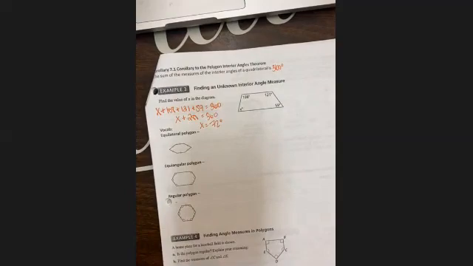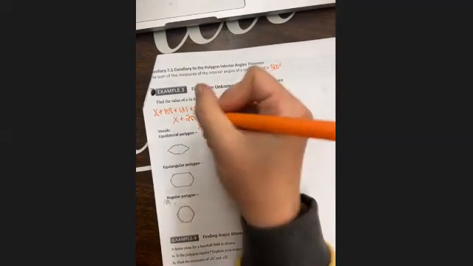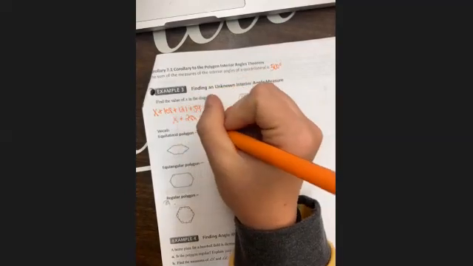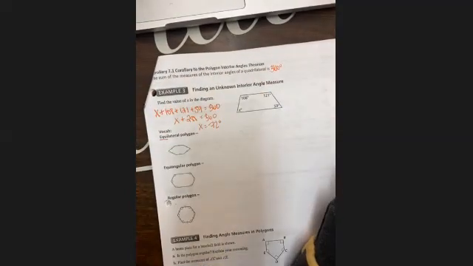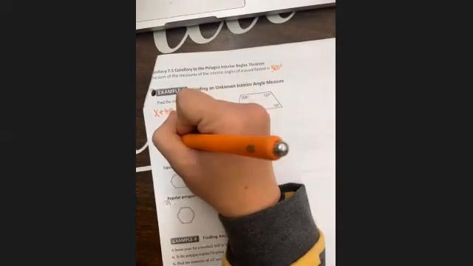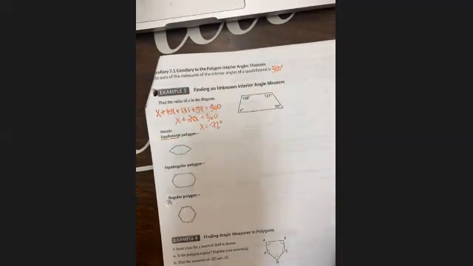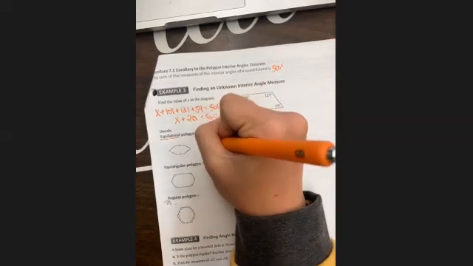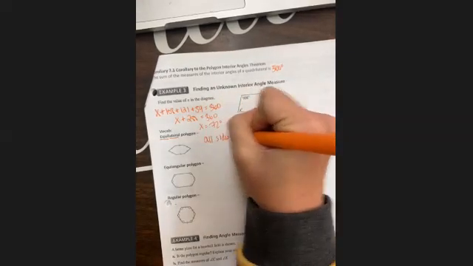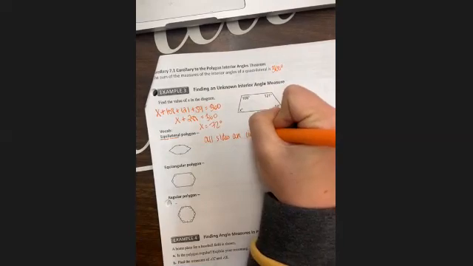Okay, equilateral polygon. Okay, these are all vocab words here. So whenever you have an equilateral polygon, okay, think of equal, and lateral. Like if I do a lateral movement, it means I'm moving side to side. So you can think that all sides are congruent.